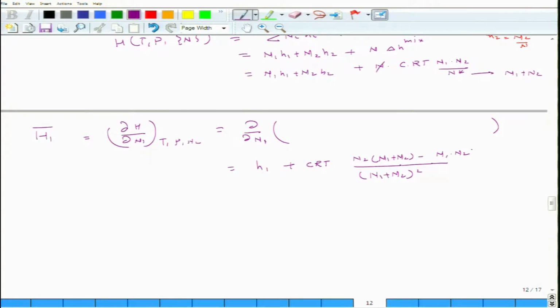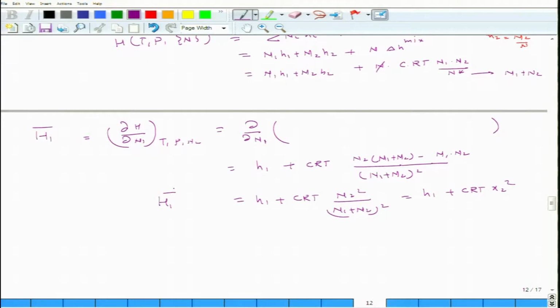If you look at it, this N2 N1 will cancel out. What we are going to get is N2 square plus CRT N2 square divided by N1 plus N2 square, and this is nothing but H1 plus CRT x2 square. This is what we got for H1 bar.